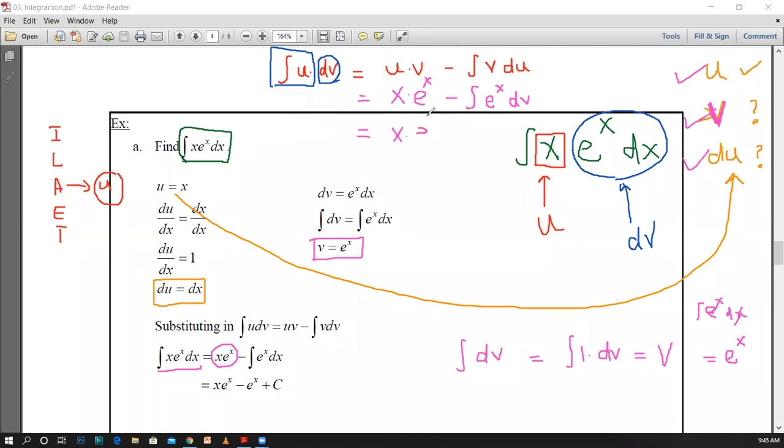It is x times e to the power x, as it is in the previous step, minus the integral of e to the power x dx, since du was equal to dx. Therefore, we will get this as e to the power x only. Now all the integrations have finished. Therefore, you can add the arbitrary constant c here.